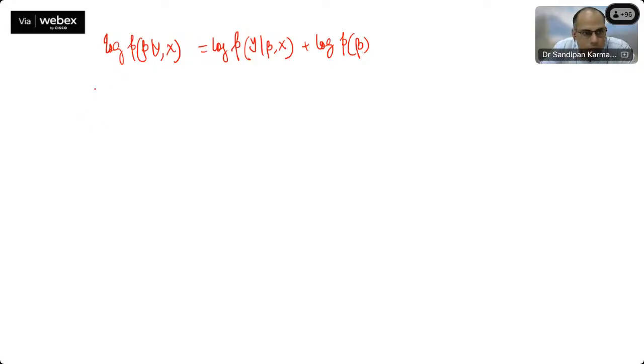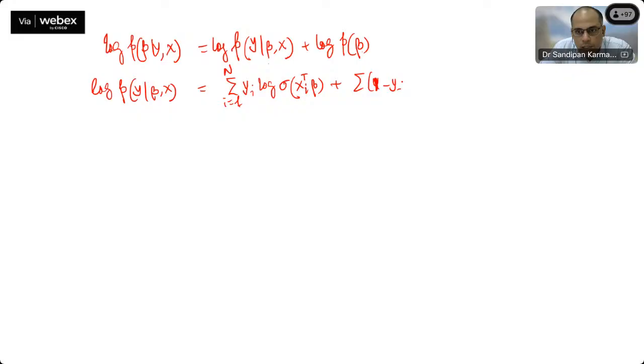So log of p(y given beta, x) comes as the summation of yi log of sigmoid(xi transpose beta), i equals 1 to n, plus the summation of (1 minus yi) log of (1 minus sigmoid(xi transpose beta)), i equals 1 to n.